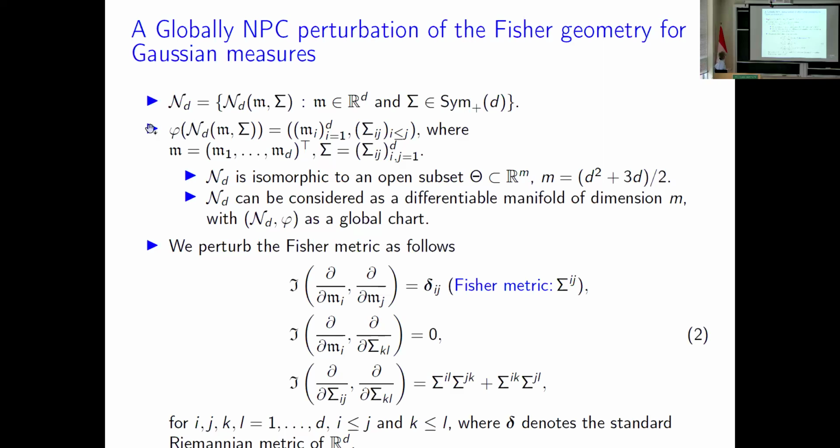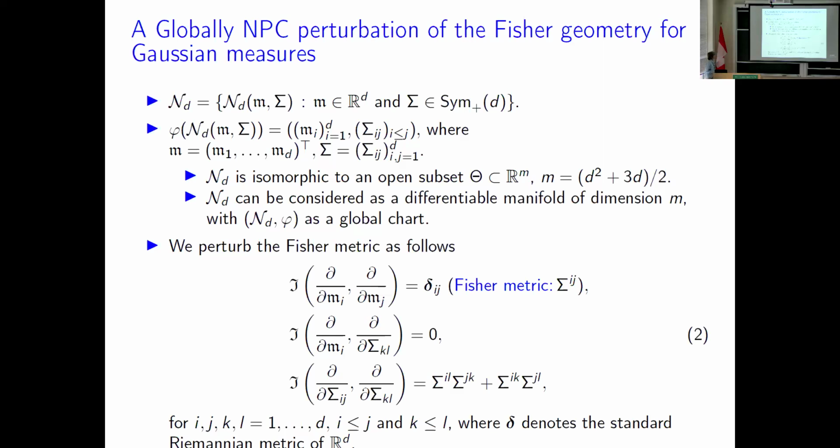This is the space of the d by d non-singular Gaussian measures, where m is the mean, a vector in R^d, and sigma is a symmetric, positive definite d by d matrix. If you introduce this map, so you take a point in this space and define this mapping, you can see that this space is isomorphic to an open set.